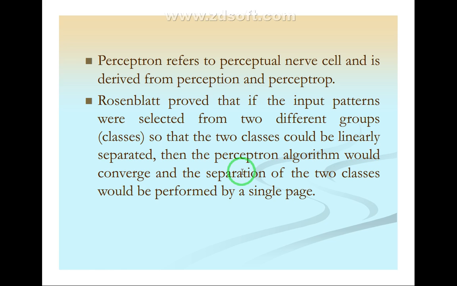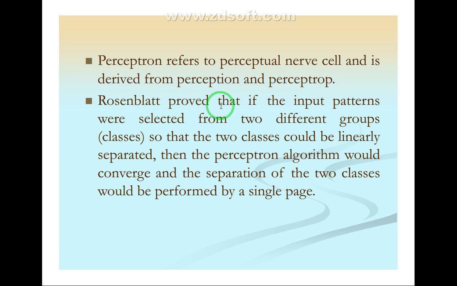So let's define originally what is perceptron. Perceptron refers to perceptual nerve cell and is derived from perception and perceptron. This statement is showing you the definition of what is perceptron and where is the root for this derivation.